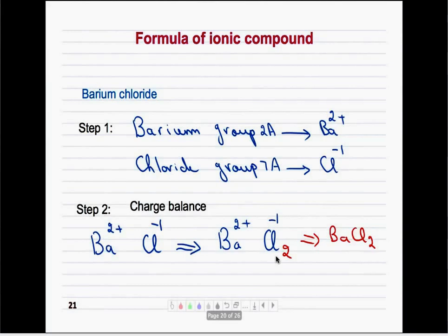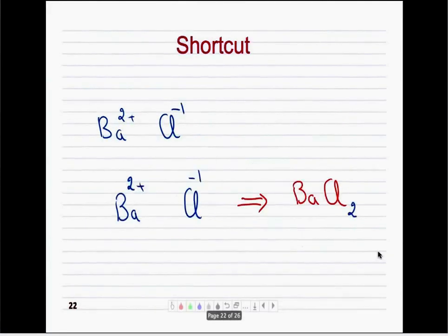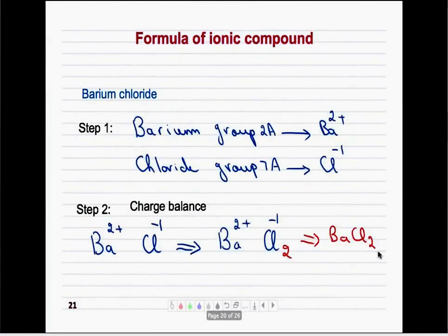So this is the formula of barium chloride. Here is the detailed one. Step 1, figure out barium is group 2A, it has a 2 plus, chloride group 7A, Cl minus. Then you look whether the charge is balanced or not. If you have 2 plus, you must have 2 minus out there. And then this is how you figure out the ionic formula.